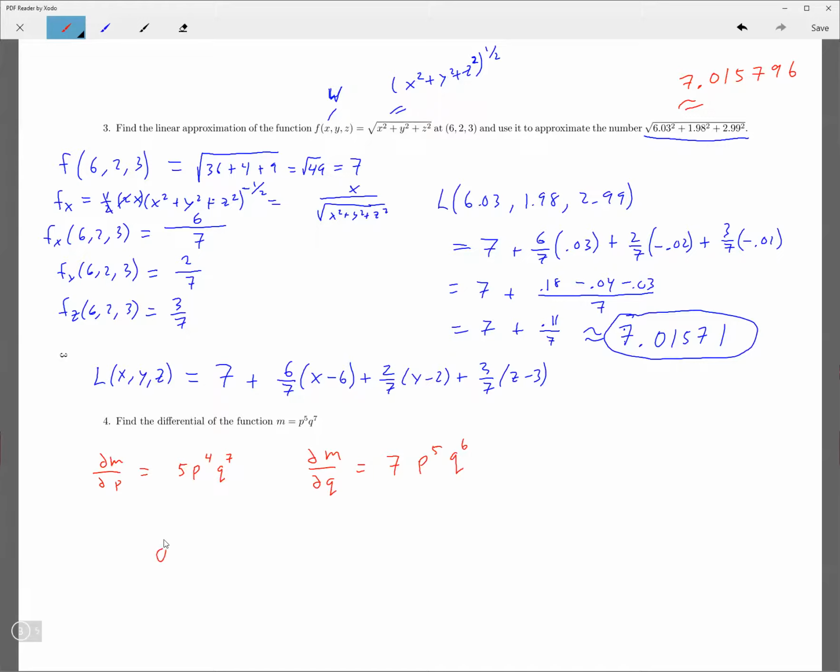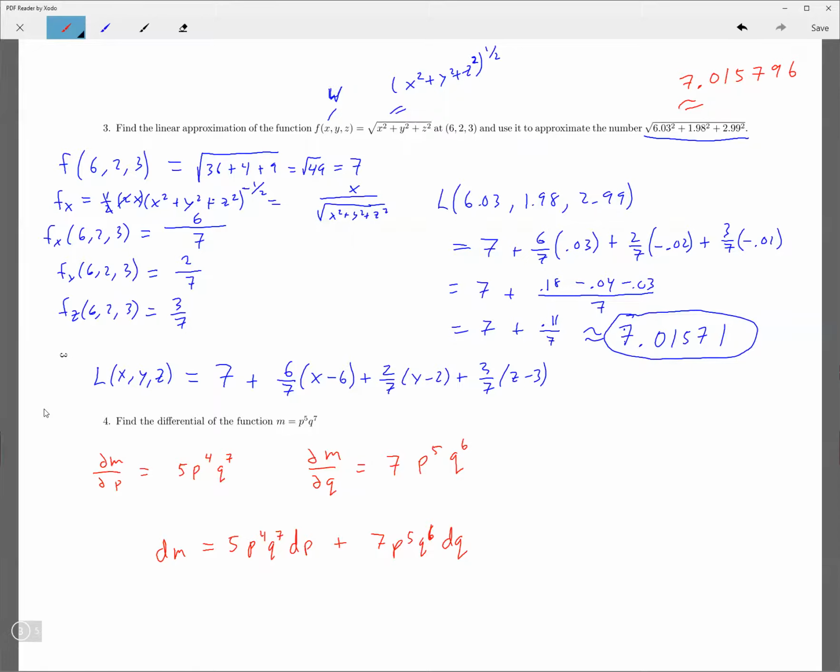So the differential is, you take this one, change it to dm. You put this and then put a dp there, plus this one, and you put a dq there.